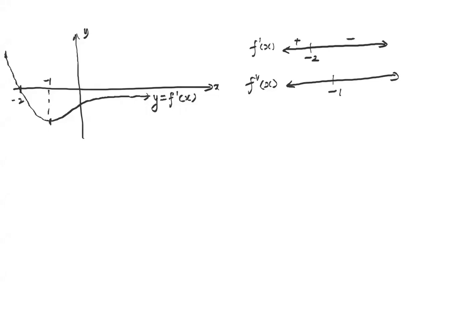It will be going down, going up. So my fx graph here is concave, goes up, then turns at -2, then comes down. Then inflection point at -1, and it goes down like that.